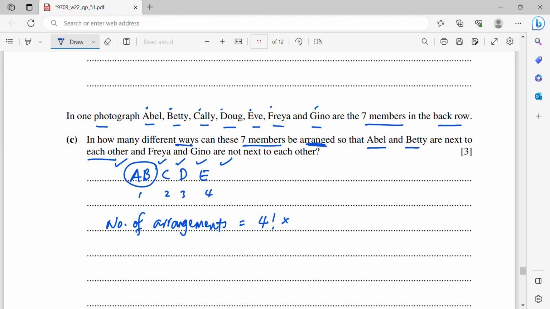AB can swap, it can be AB or BA, so 2 factorial. Then for F and G, I need 2 slots out of the 5 slots available. These are the 5 slots, the 5 ticks. So from the 5, I choose 2 and assign to F and G, therefore 5P2. So the final answer will be 960. This is how we solve this question.